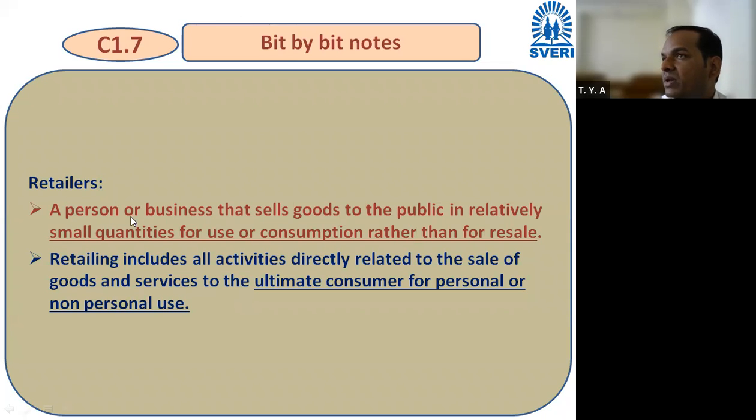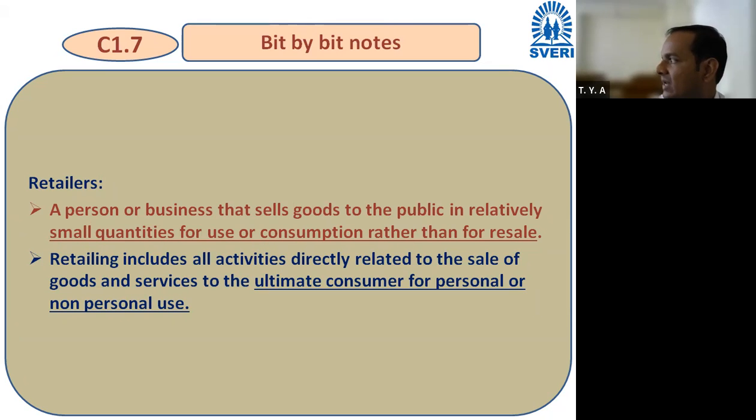Retailer: a person or business that sells goods to the public in relatively small quantity for use or consumption rather than for resale. He is not purchasing product for resale. A retailer is a person who is not purchasing product for resale like a wholesaler does. The retailer is the person or business that wants to sell the product to the public in very small quantity. मी साखरेचं उदाहरण दिलं, आपण साखर छोट्या दुकानामध्ये घेऊन येतो 2 किलो 1 किलो.